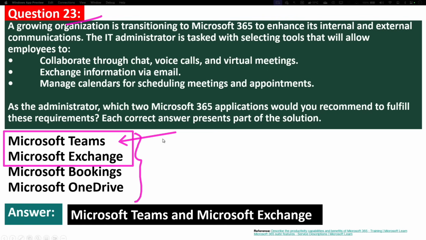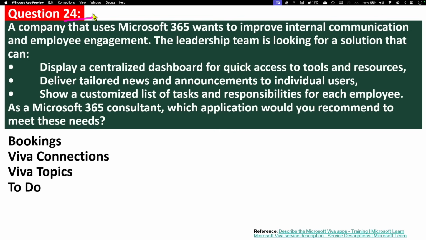Now let's look into what Microsoft Exchange is. Microsoft Exchange is a mail and calendar server that powers email, scheduling, contacts, and tasks. It's the backend service behind Outlook and is also part of Microsoft 365. Some of the benefits of Exchange include email hosting, shared calendars, mobile access, etc.